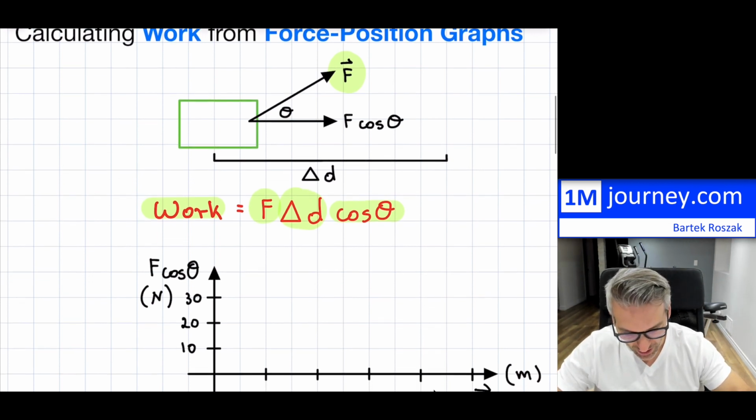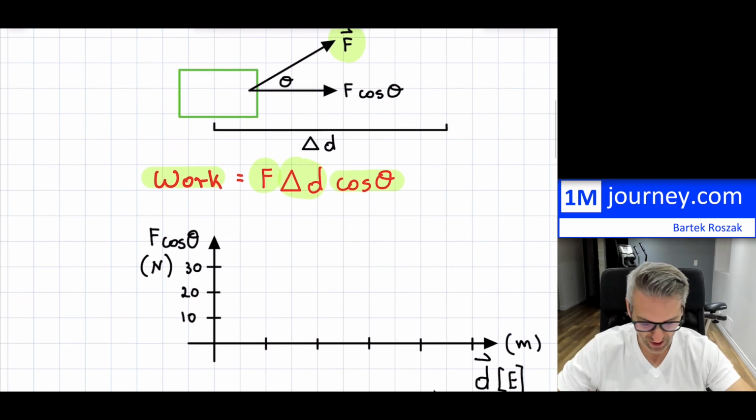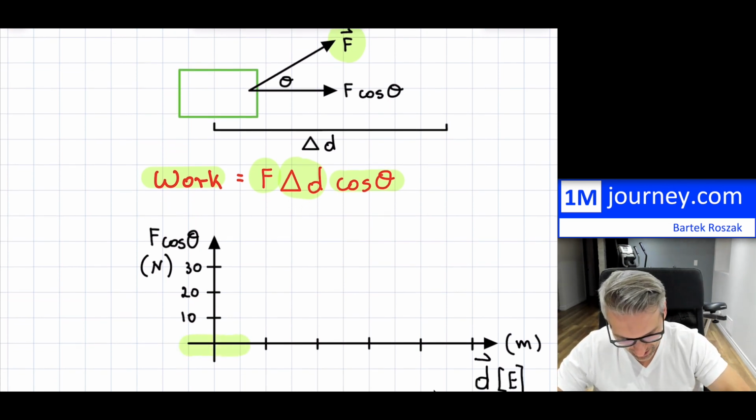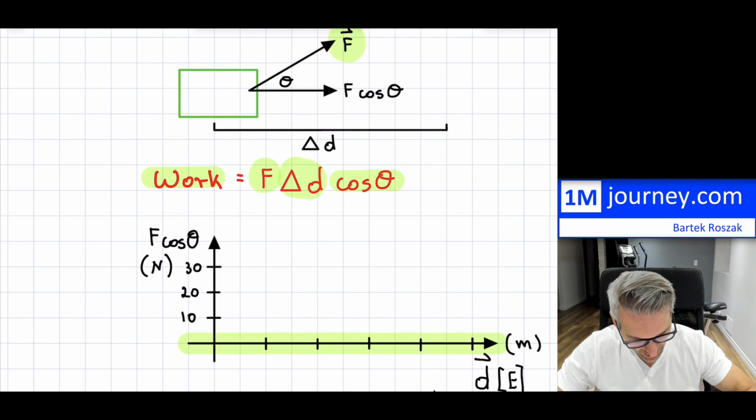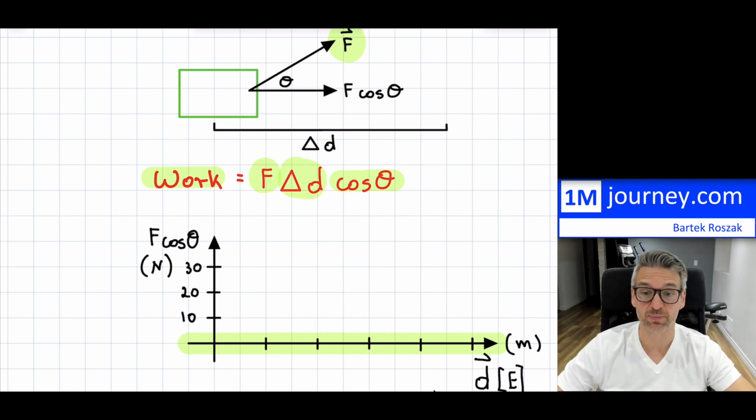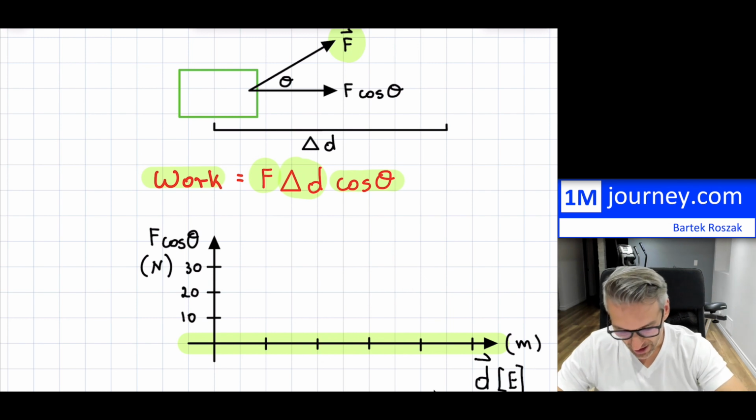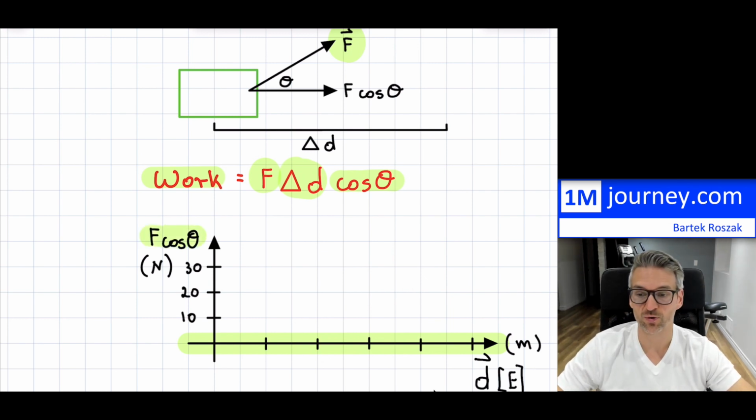And here, if you wanted to draw this force and position graph, as you can see, I have my position here, from which we can calculate the displacement, which is what we need. That would be from your initial to your final, and you can find that out. And then I have labeled on the y-axis F cos theta.